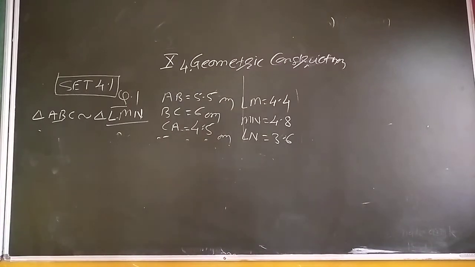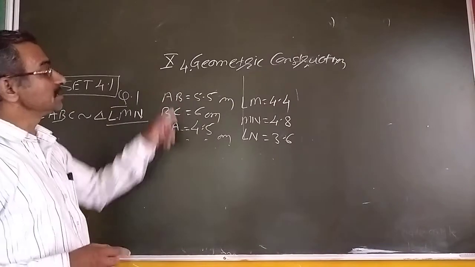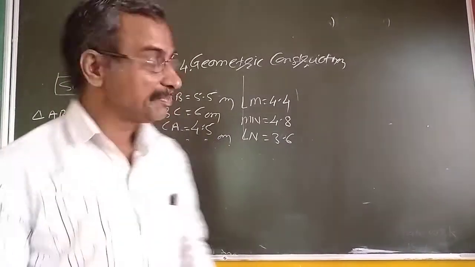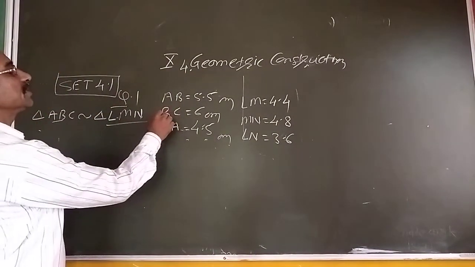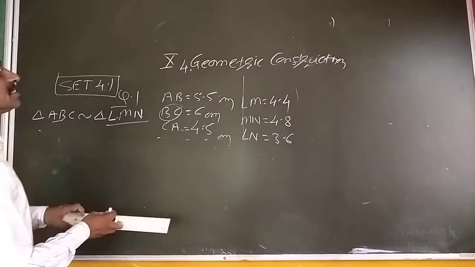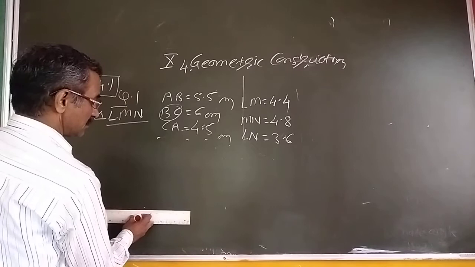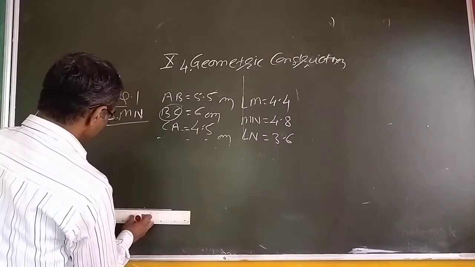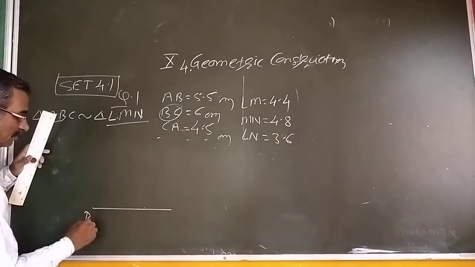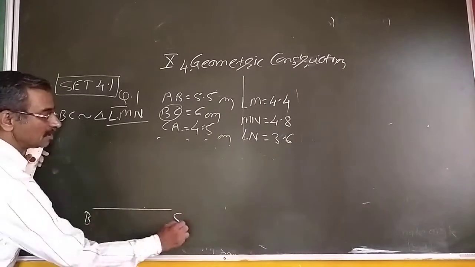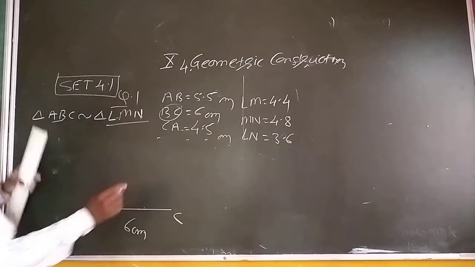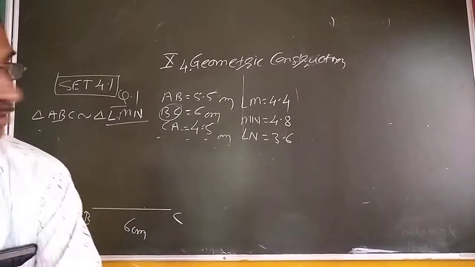What is the base in the rough diagram? In the rough diagram, BC is the base. So we take BC is equal to 6 centimeter. Then length of AB is equal to 5.5.